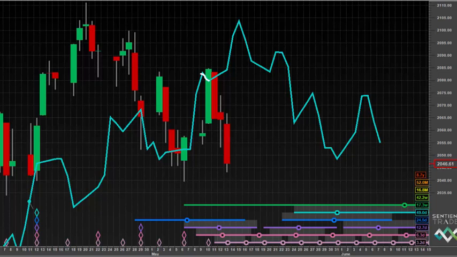Why? Well, because price came down and touched the FLD over here. Then it came down and it tracked along the FLD for 3 bars over there. What is price doing? It's trying to get through that FLD. It's trying to cross it, but the FLD is providing support there. It hasn't got through it.